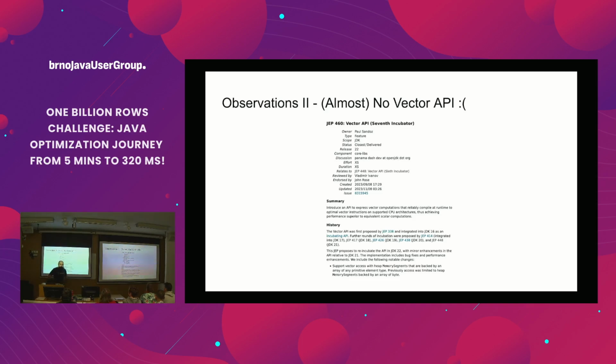Another observation, no vector API, that's the incubating API for accessing the same instructions I was talking about. The reason is, for one, it's still incubating, and because it's incubating, GraalVM supports it, but it's not very fast. So basically the trade-off was either I use GraalVM native, which means I have fast startup native code, but slow vector, so slow I can't use it, or I use HotSpot, I can use optimized vector API and all these nice SIMD instructions, but I have a slow start.